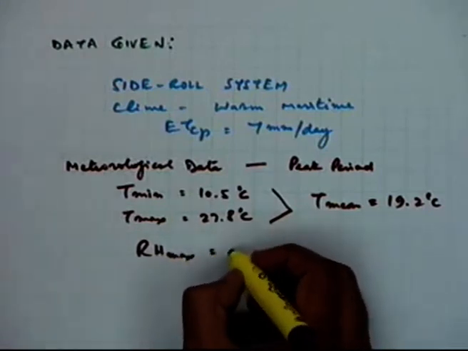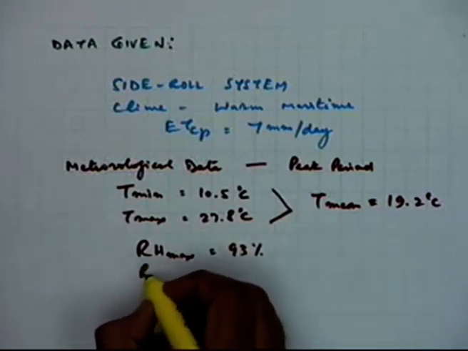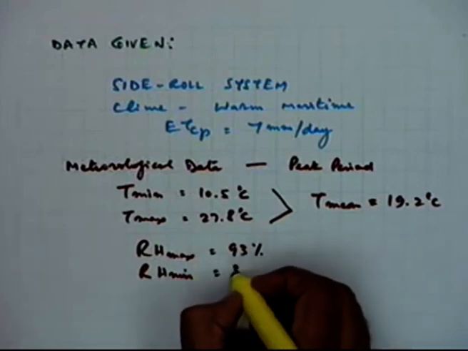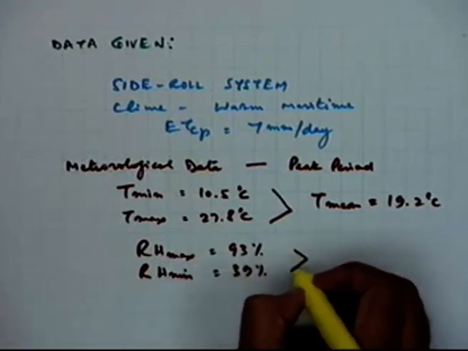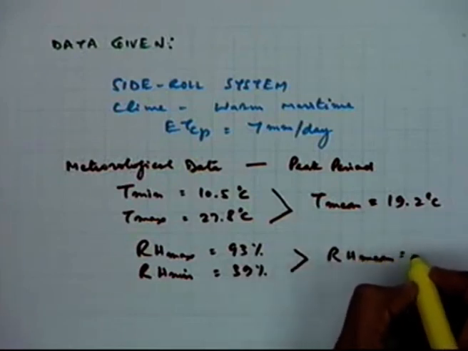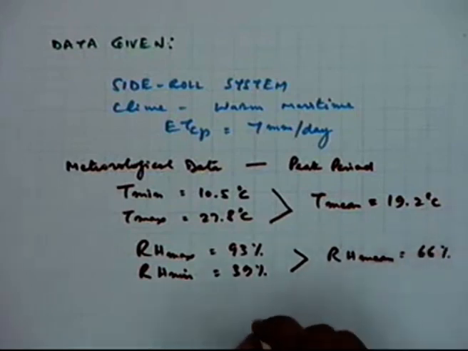Similarly, the other meteorological variables which are available are the maximum relative humidity, which is 93%, and the minimum relative humidity is 39%, which again gives a mean relative humidity of 66%.